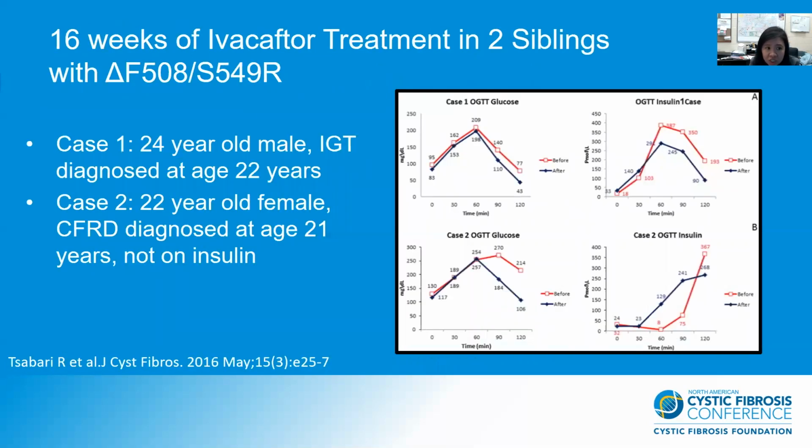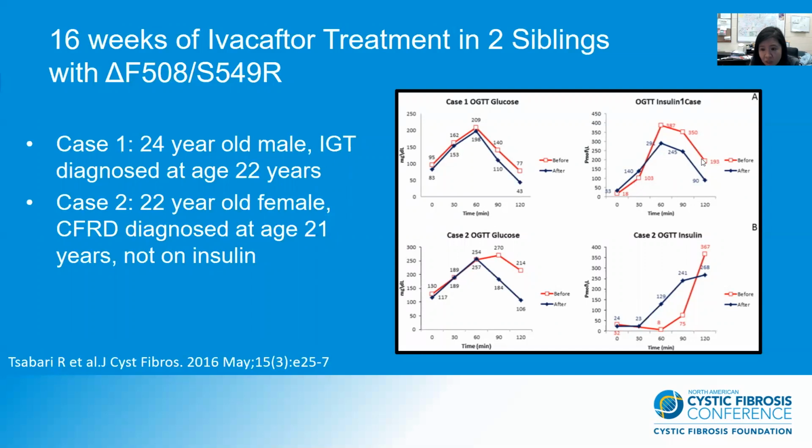In a longer study, 4 months, 16 weeks of ivacaftor treatment in 2 siblings, glucose tolerance testing was recorded at baseline and then again at 16 weeks. The 2 top panels represent the gentleman with CF and impaired glucose tolerance, who was noted to have actually some hypoglycemia after the initial glucose tolerance test when insulin levels were measured.